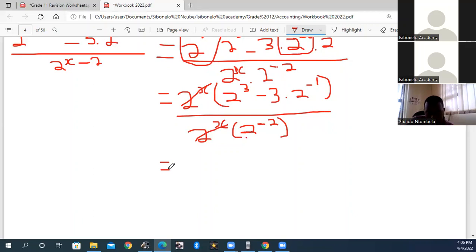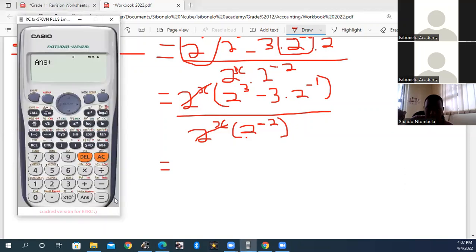2 cubed minus 3 times 2 exponent negative 1, over 2 exponent negative 2. Uphuma bani? Hayi shayile kuphela. So shayile kuphela so bese senumerate kuphela kwamanje. So 2 to the power of 3 times 2 to the negative 1.